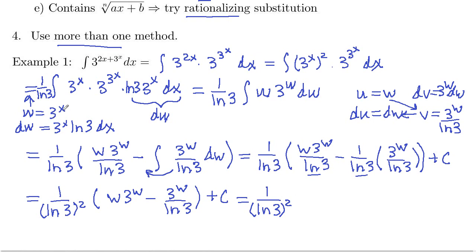Our w is 3 to the x, so this will be times w there, 3 to the x, and here 3 to the 3 to the x power minus 3 to the w, so that's 3 to the 3 to the x, divided by ln 3, and then plus our constant, and we got it. So two methods here. We did a u substitution plus integration by parts.